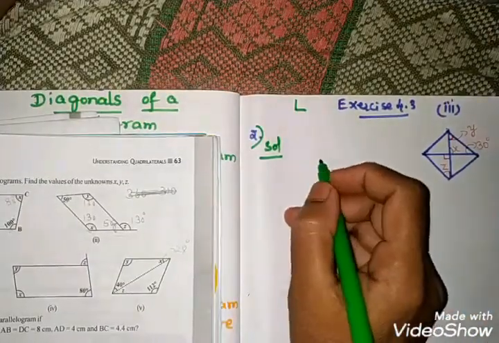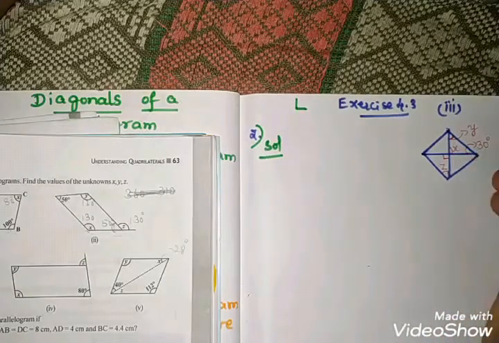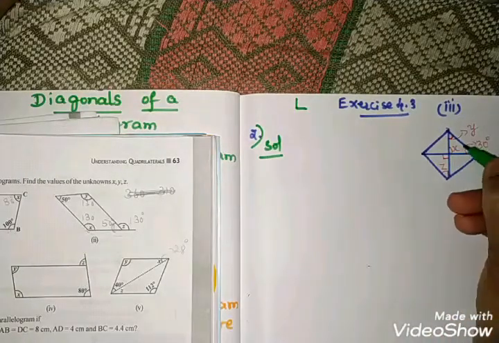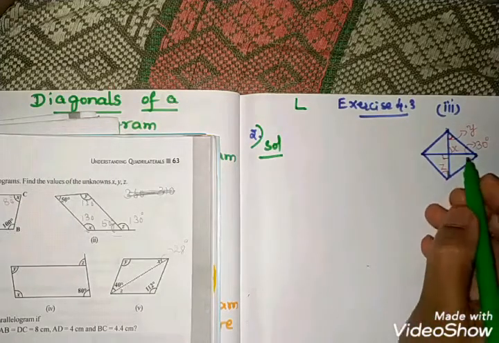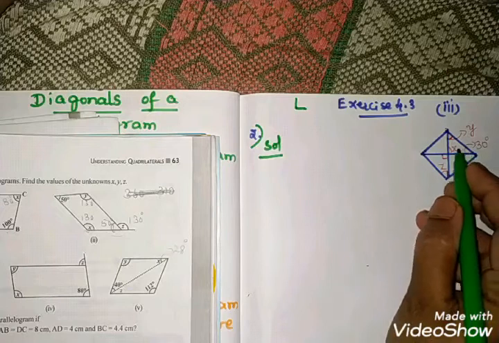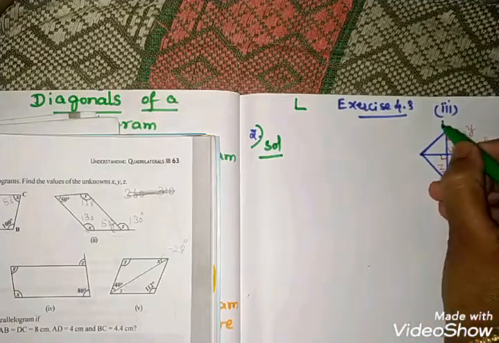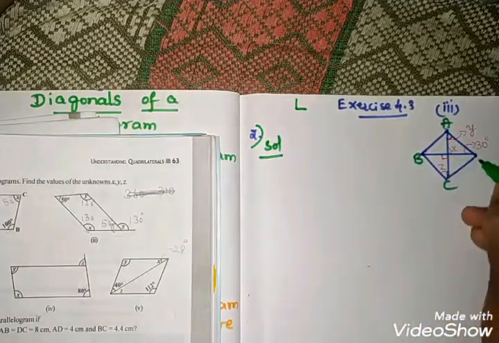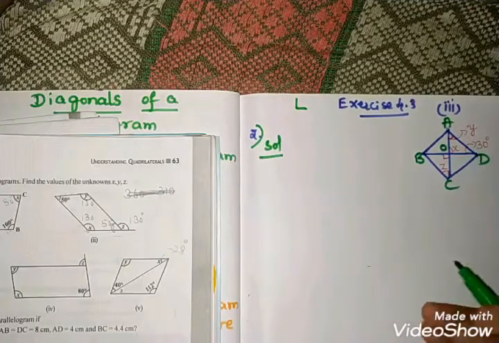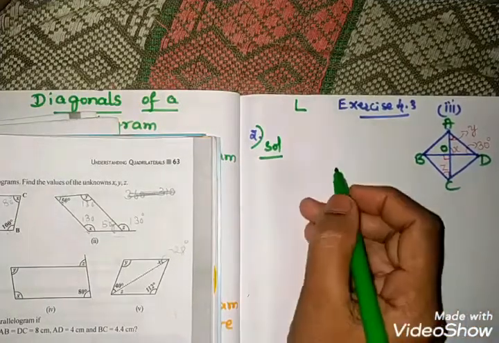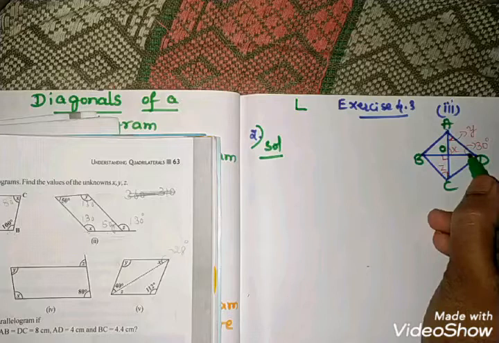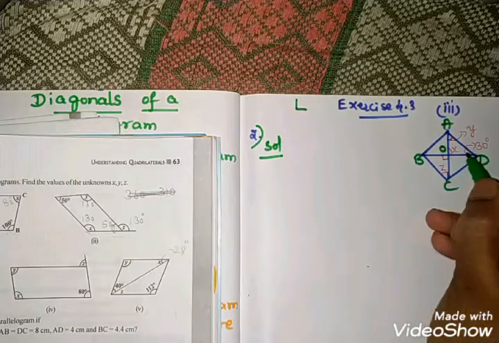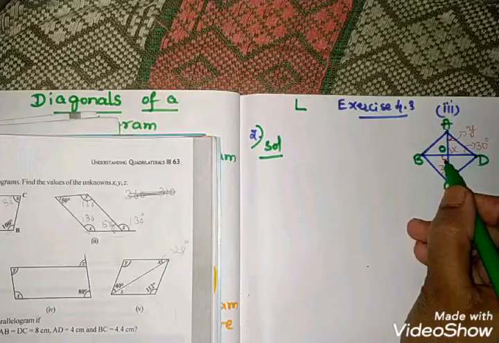So here if you want to be easier, you can give names also for these vertices. Here this is 30, this is x, this is y. So let me give the names A, B, C, D. This is O. Now in this one you observe, children, here this is 30 they gave and here this is 90.